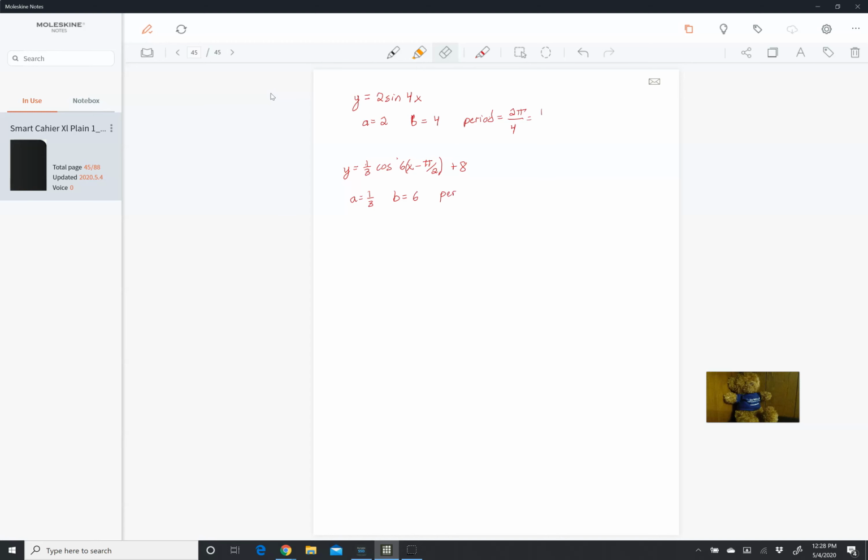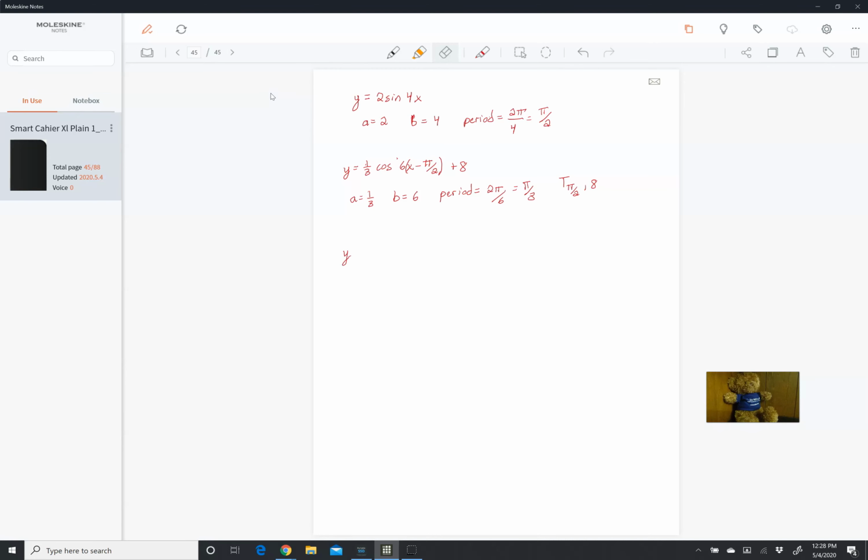You should always simplify. Your period is 2 pi over 6, or pi over 3. This is telling you the length of the wave. From beginning to end, it's pi over 3. And then your translation: you're going pi over 2 to the right, and you're going 8 up.